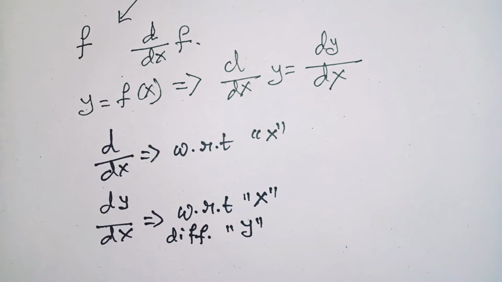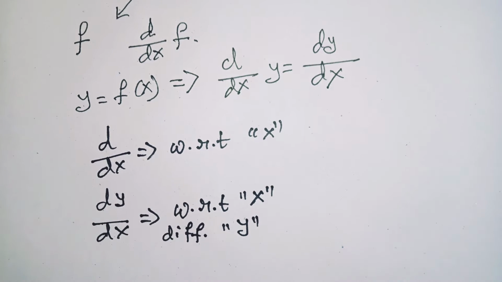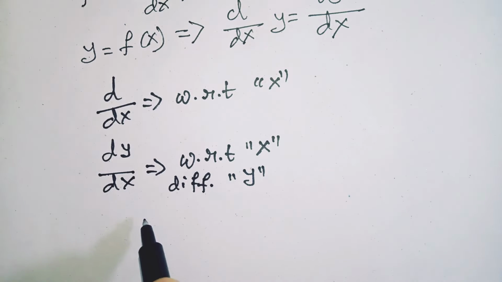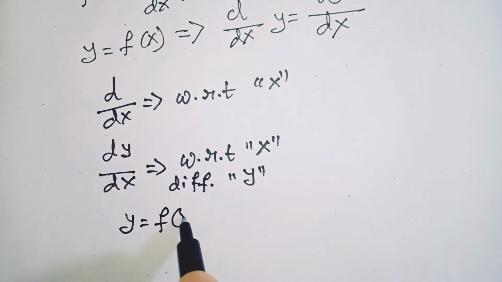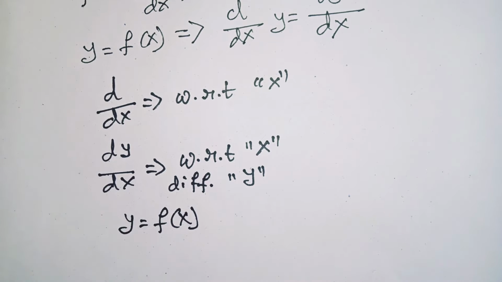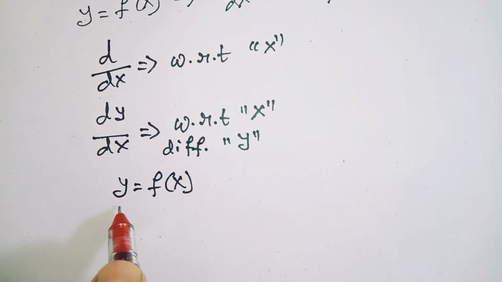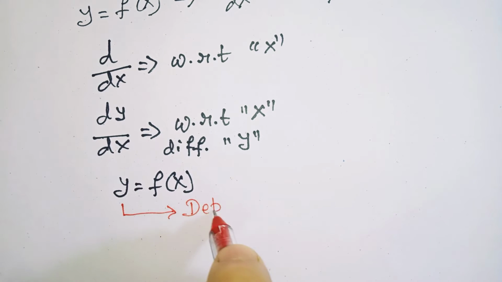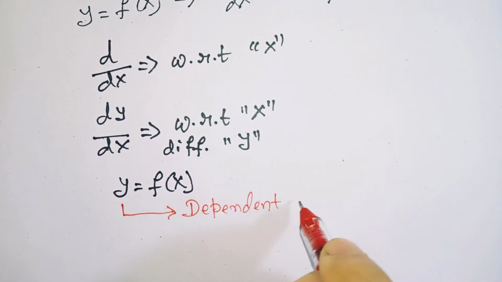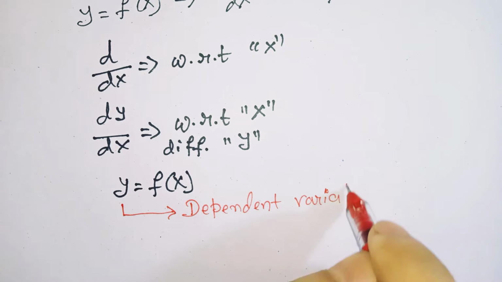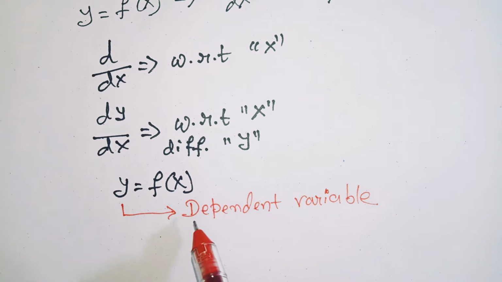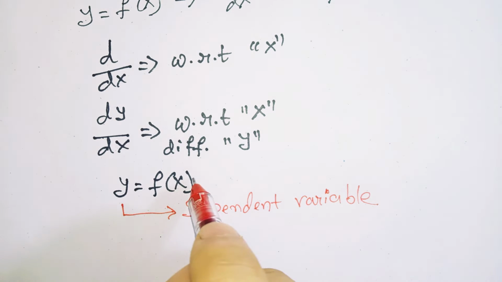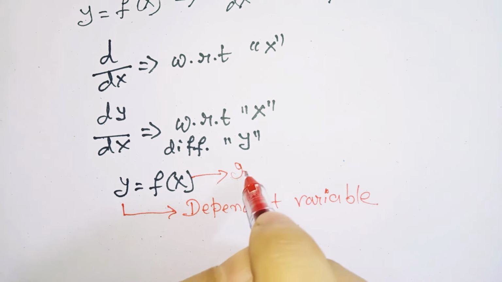So in other words, if I further write y equals f of x, which is a function, here y is the dependent variable and x is the independent variable.